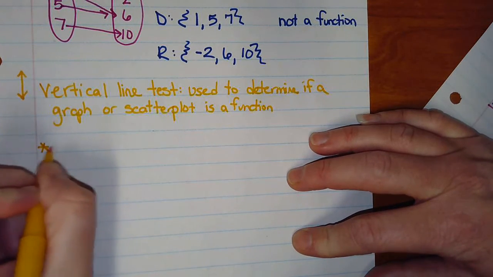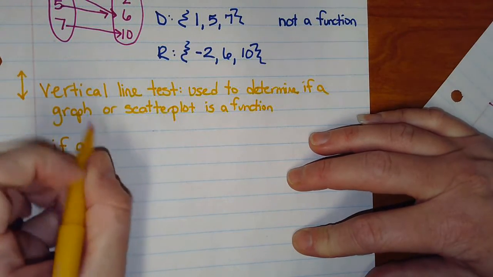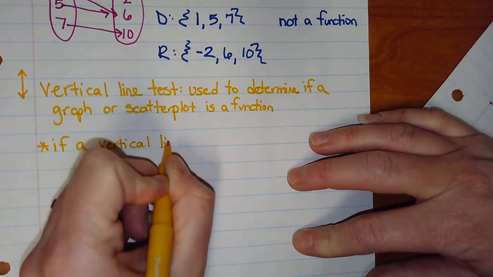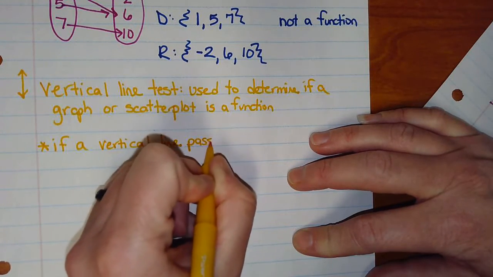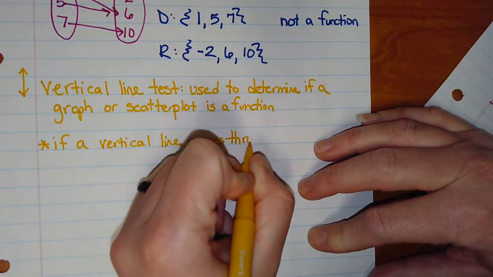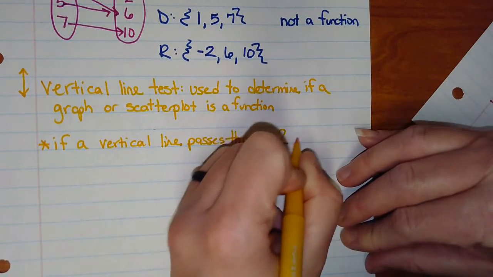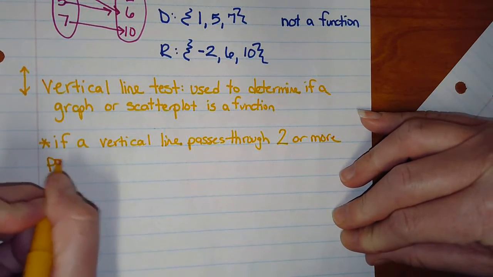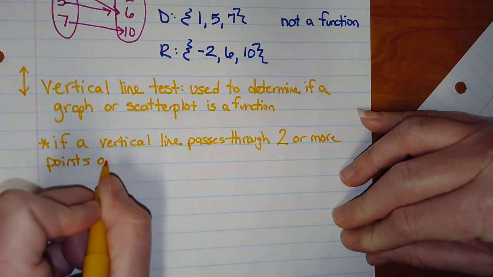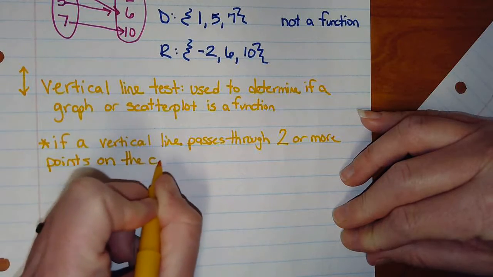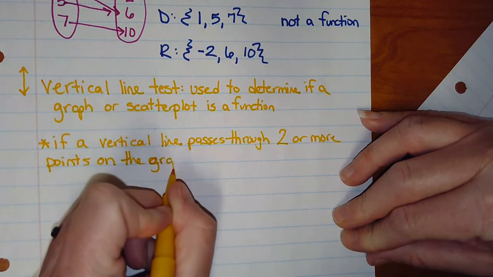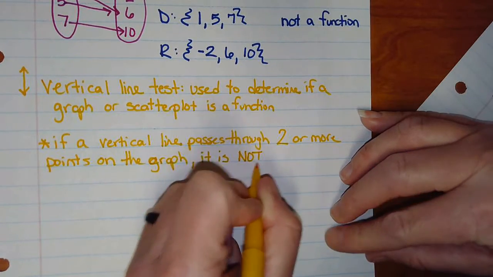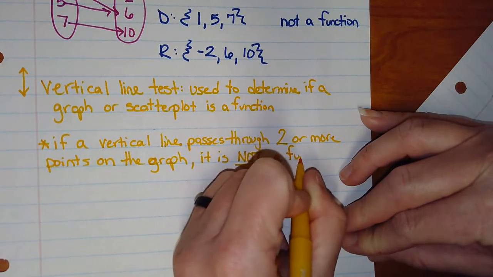What the vertical line test says is, if a vertical line passes through two or more points on the coordinate plane, or on the graph, it is not a function.